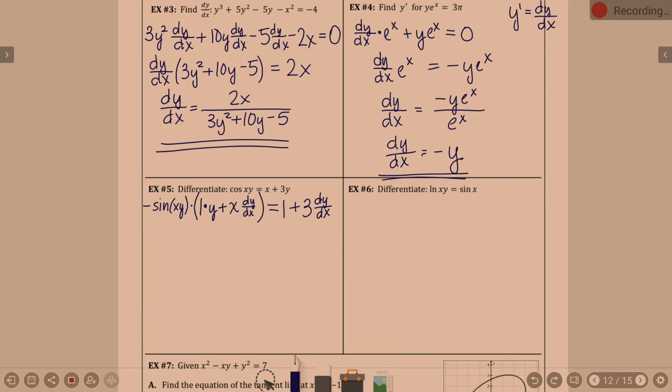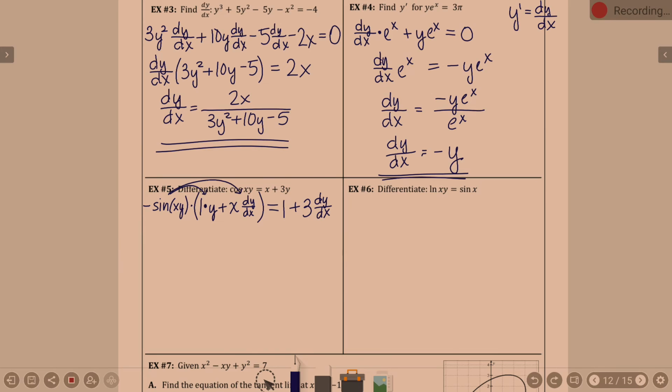Whatever is inside this parenthesis, the only thing I can do with it is divide by the other side, and that doesn't help, because then I have dy dx's on top and bottom, but I also have non-dy dx's on top and bottom.